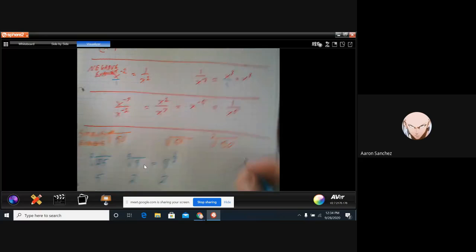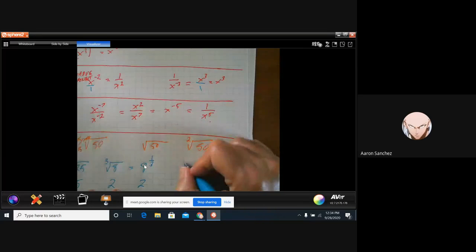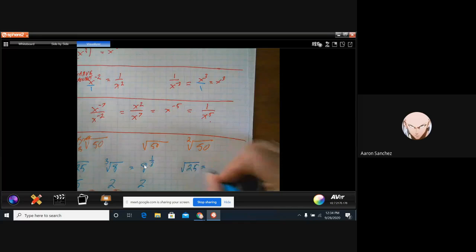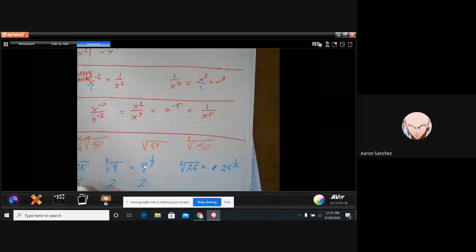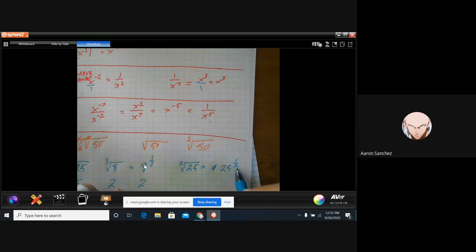And if I do the square root of 25, it's the same as saying 25 to the 1/2 power, right? Because remember, there's an invisible 2 there. So this denominator really is the root. What are we rooting it by?